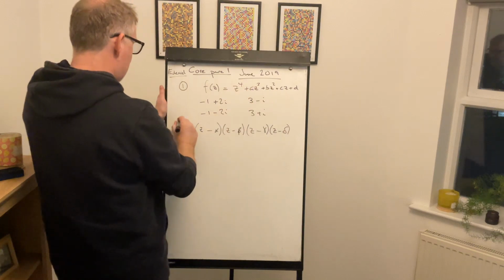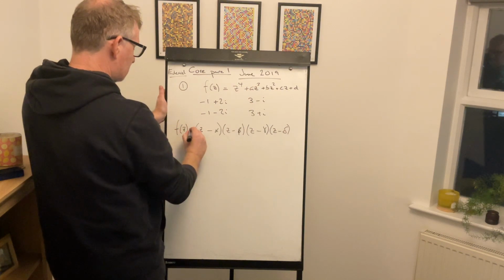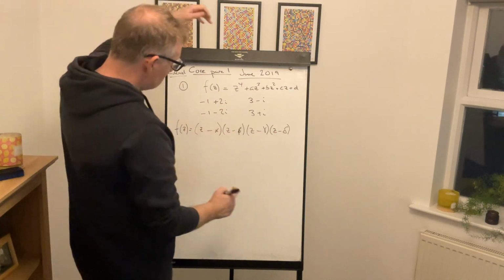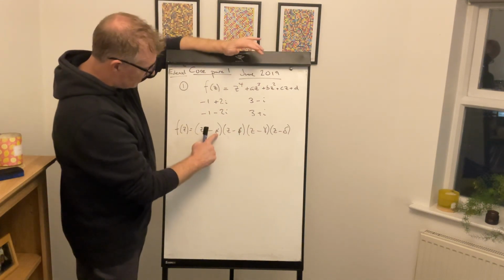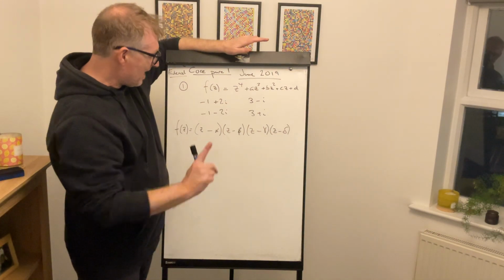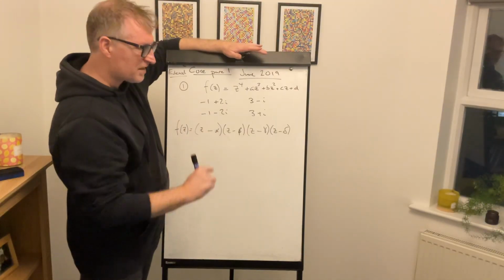That basically f of z can factorise to that, and our alpha, beta, gamma and delta are these 4 roots. So we could just put these 4 roots in there and start doing some multiplying out. Okay? However, let's be a bit sensible about that.